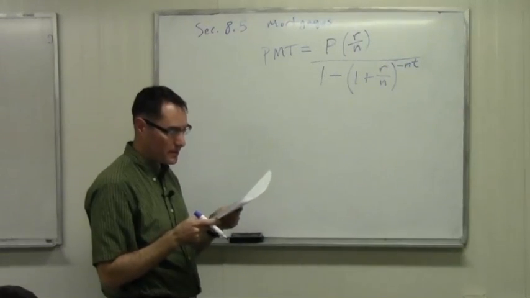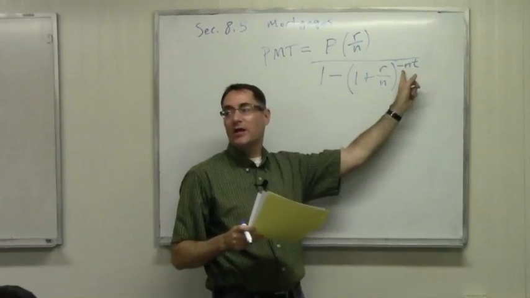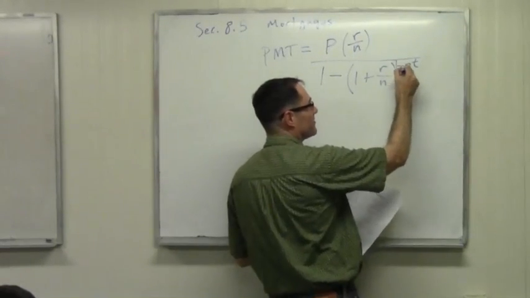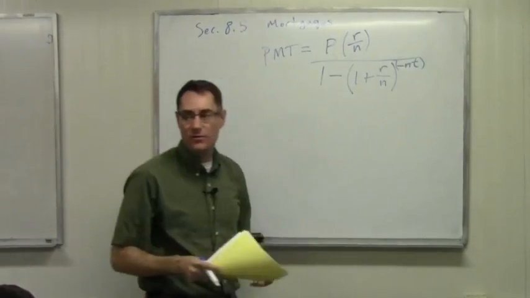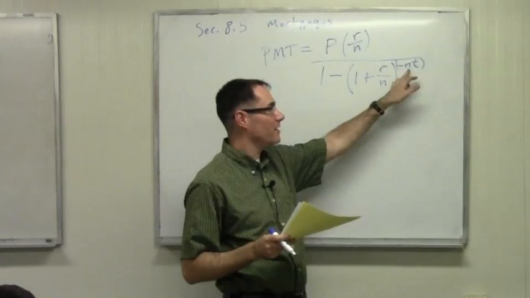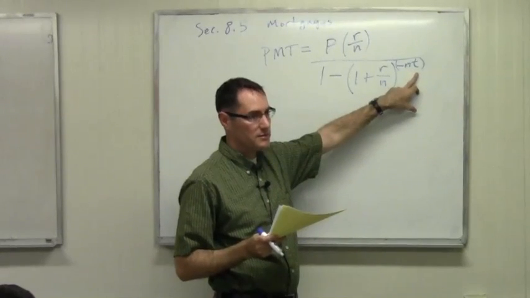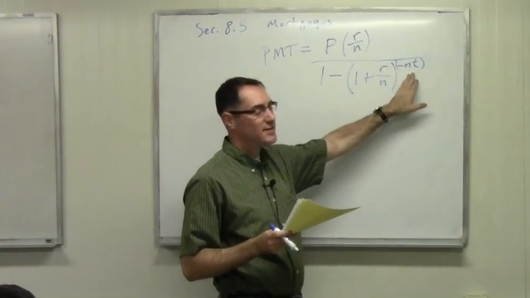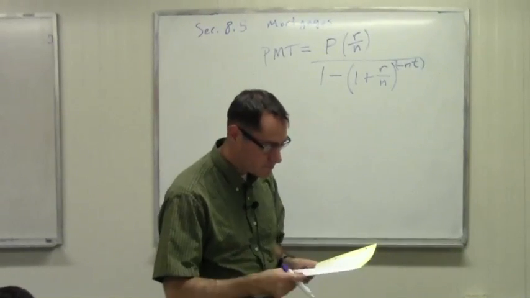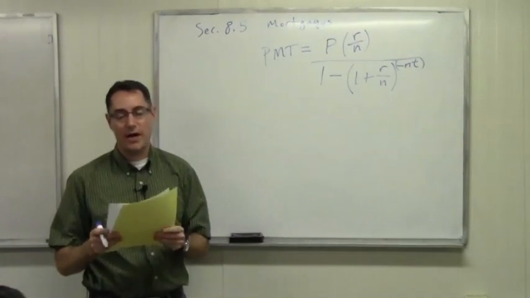This negative part is important. Do this whole thing in parentheses. I could rewrite it like this: parentheses there, parentheses there, negative number of payments per year times the number of years. The reason it does that is the algebra that you have to do to get there. All right. Let's try one.